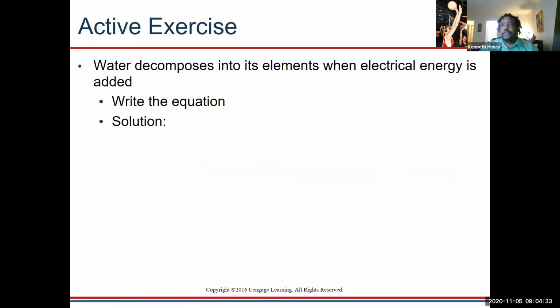Let's see. Anissa, you mind helping me out with this one? The question says, water decomposes into elements when electrical energy is added. Write the equation. So what are my reactants, Anissa?